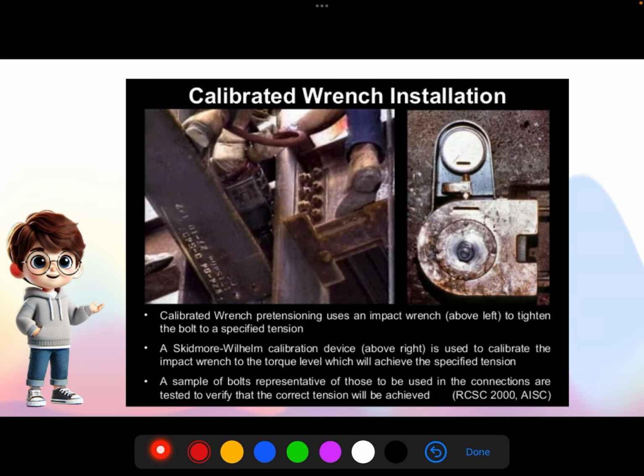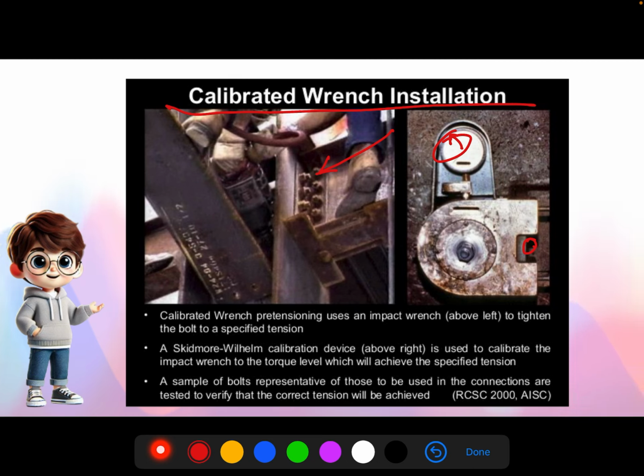Okay. And now calibrated wrench installation. This is very simple. You know the bolt capacity to be achieved after tightening the bolt. The same bolt capacity you will set as a reading in the wrench and you will tighten the bolt. So the wrench will automatically tighten the bolt until the bolt achieves its calibrated capacity.